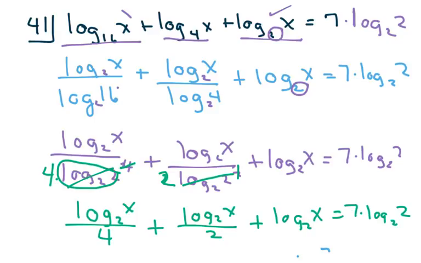Now in the next video, I'm going to multiply everything through by 4. So what will happen is, when I distribute here, the 4s will cancel. So this part will cancel, and then 2 will go into 4 two times, so we'll get the 2 there. So let's do that. I'm going to rewrite this.